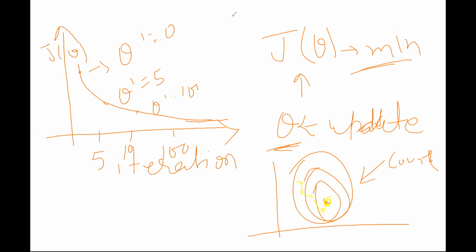So either it won't be changing, or there will be very little steps here, coming to this place only. This is the case when we say our algorithm has converged, so we don't need to do any more updates.